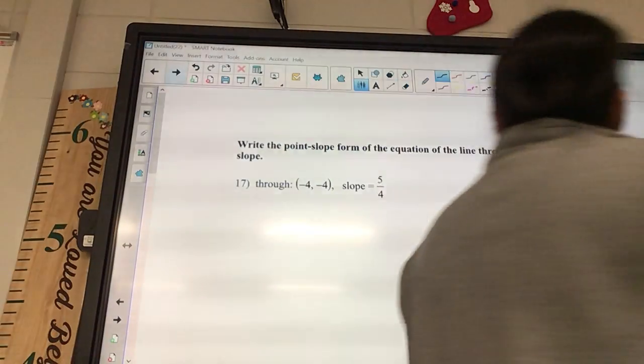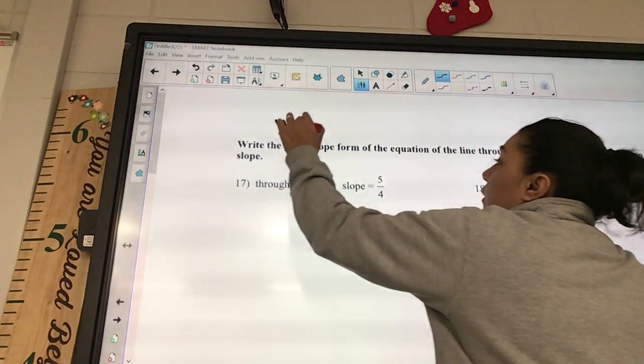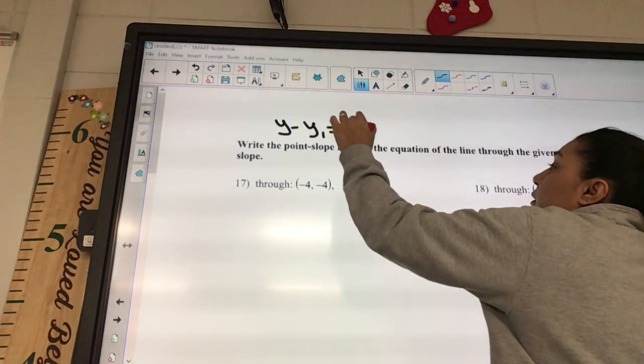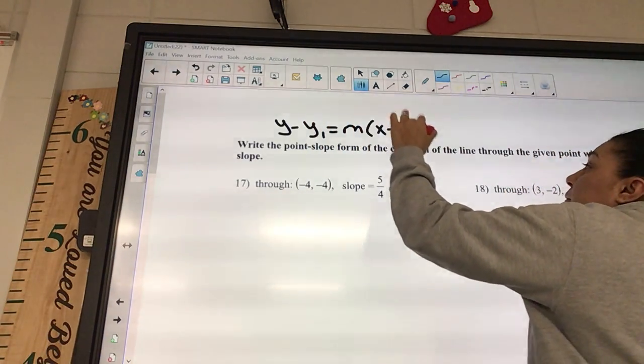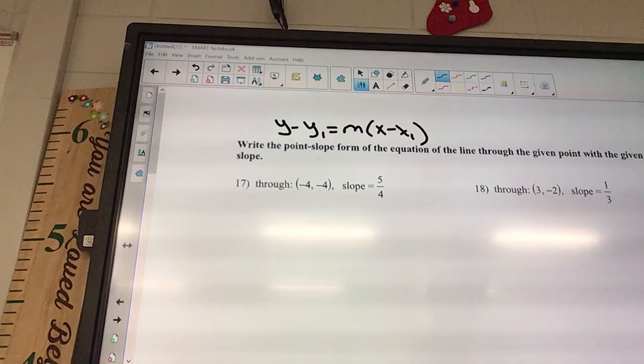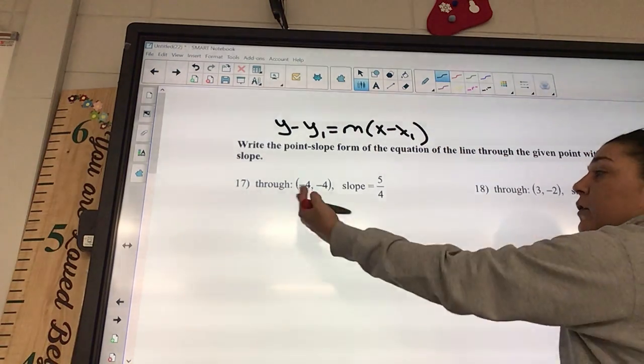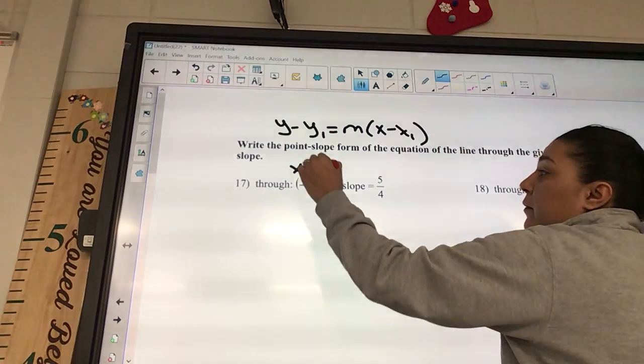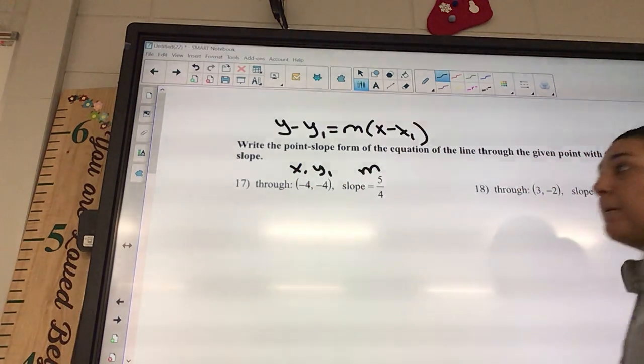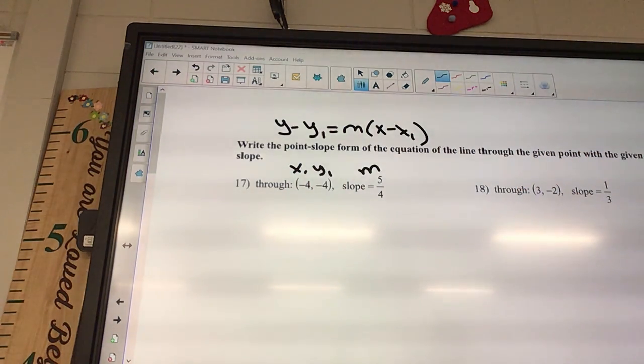Okay, 17, write the point slope form. So this is what we need our answer to look like, and then go through and label what they gave you. Do we have everything to just plug straight into point slope form? Yes, we do.